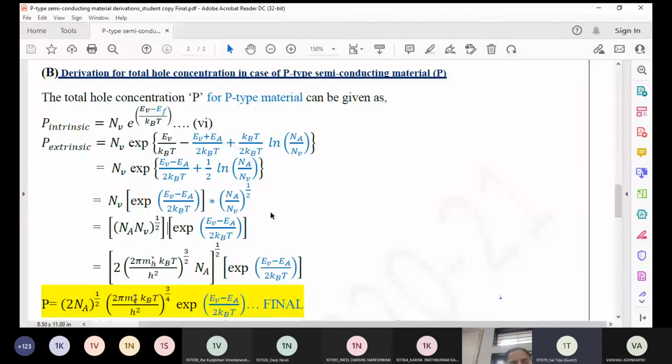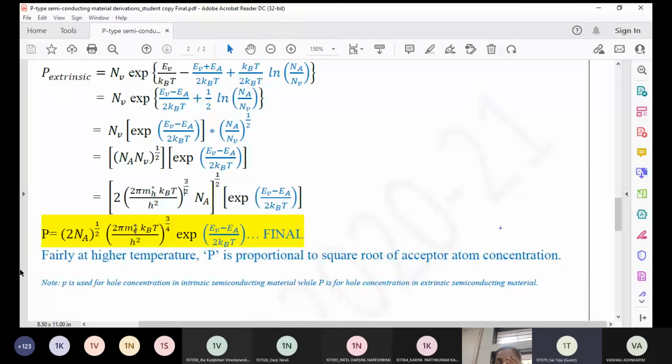Substituting that value, we get the final equation as 2 into NA raised to the power 1 by 2, together with 2 pi mh star kBT by h square raised to 3 by 4, e raised to EV minus EA by 2 kBT, as the final equation.